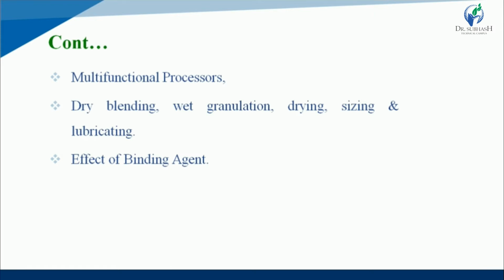After wet mass formation, granules are formed. These granules are dried at a relative temperature, and sizing is required for uniform size distribution by using various types of sieve. And last, a lubricating agent is added for good flow property.